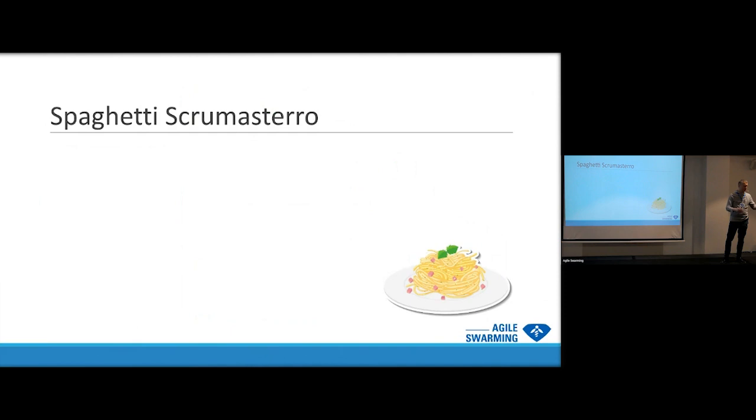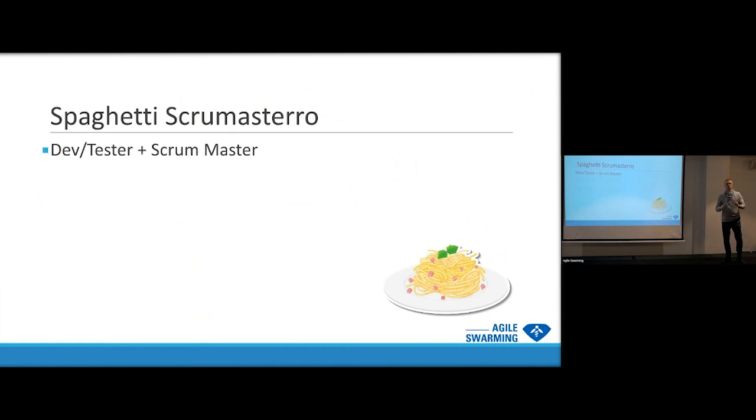I'll have to look. Oh, I have it here. I came up with names that I cannot even memorize. The first one is called Spaghetti Scrum Master. This is the combination of two roles: development, tester, whatever person it is in the team.